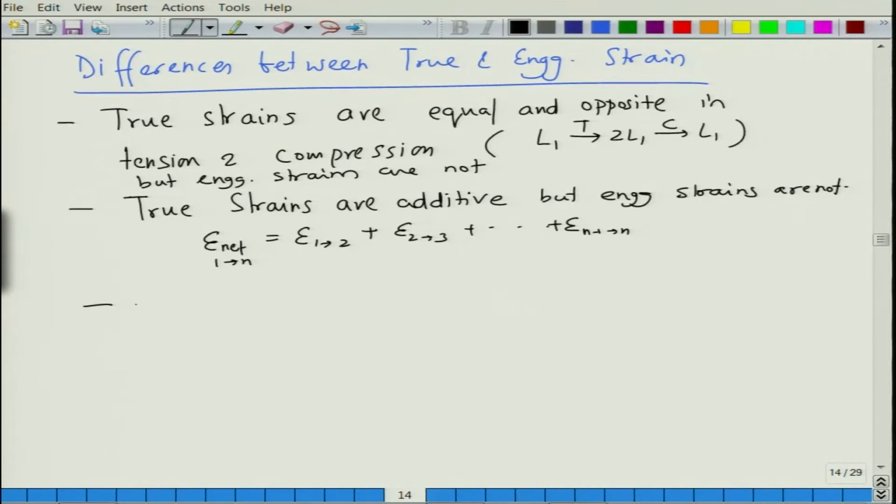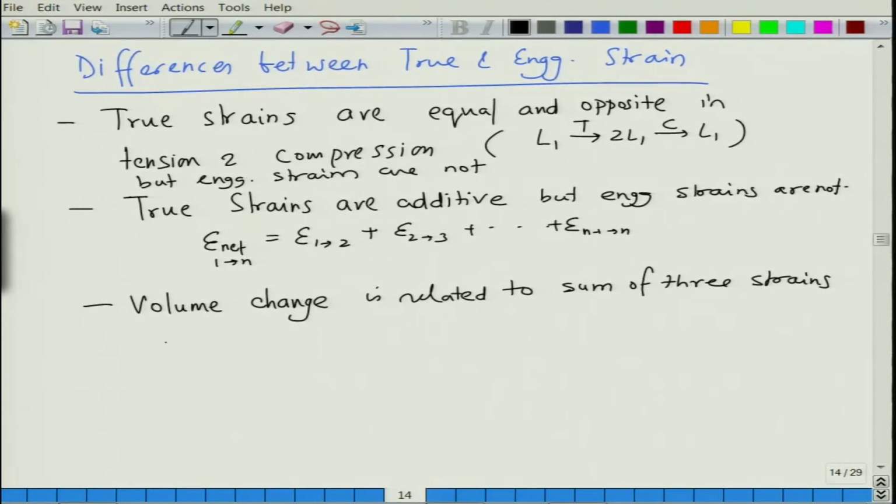And the third is volume change, which is related to the sum of the 3 strains.